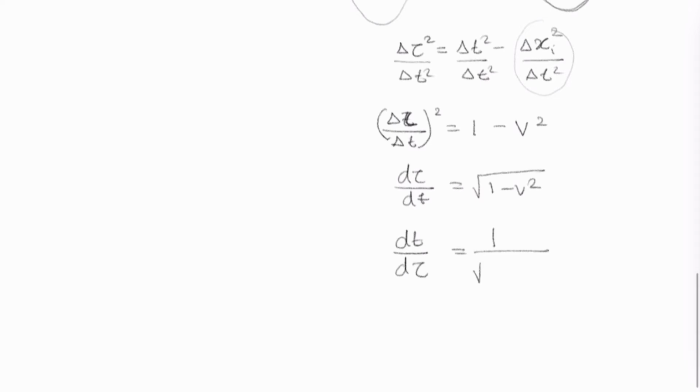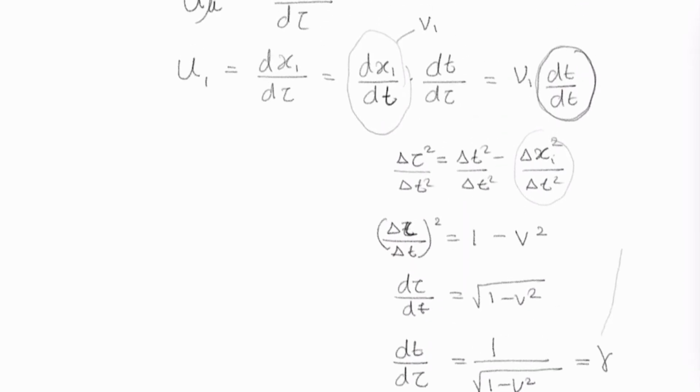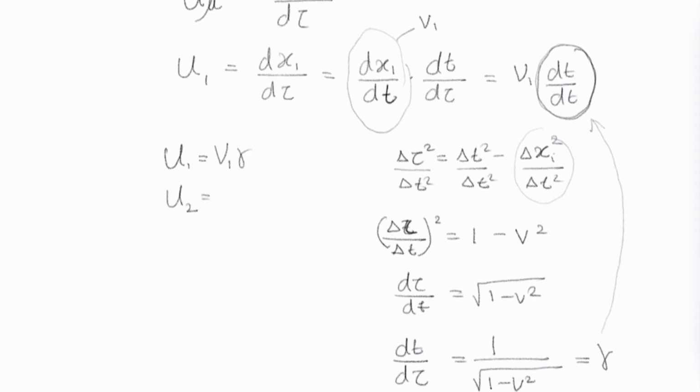So dt by d tau is 1 over the square root of 1 minus v squared. Since this term is going to appear over and over again in our equations, we'll name it gamma. So gamma is 1 over the square root of 1 minus v squared. So u1 is gamma v1, u2 is gamma v2, u3 is gamma v3.